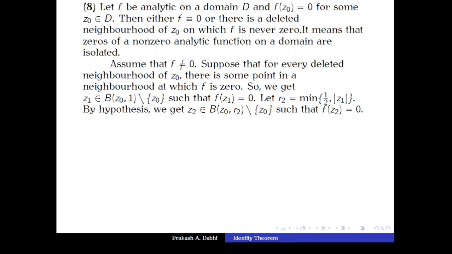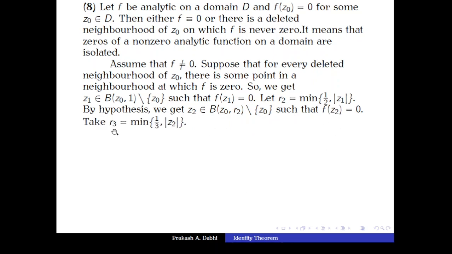We do the same process now. We take r3 to be the minimum of 1/3 and |z2|. Why are we doing this? In fact, one can see that z1 is not equal to z0. Now z2, which we found, is not equal to z1. Why? Because r2 is less than or equal to |z1|, and therefore z2 is not equal to z1.